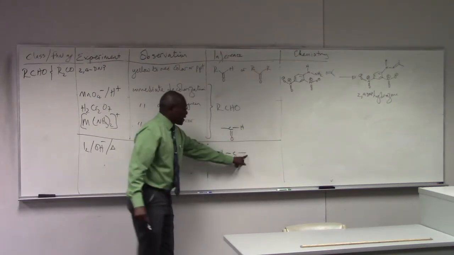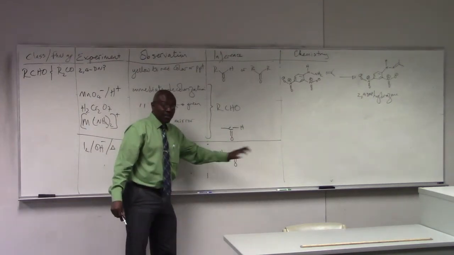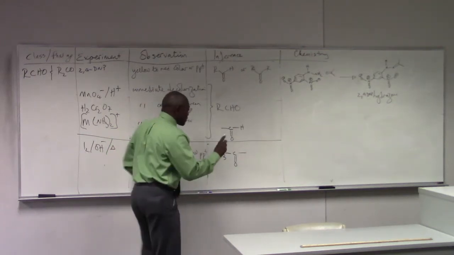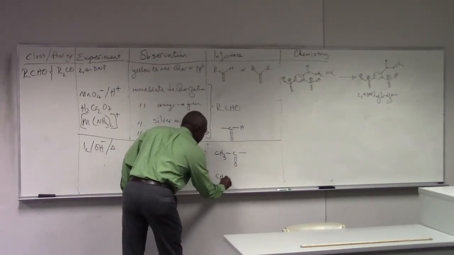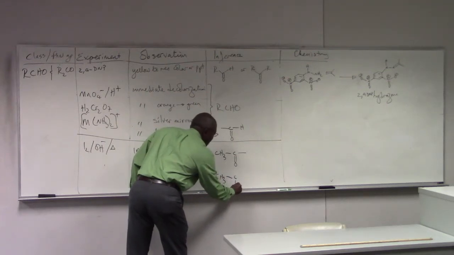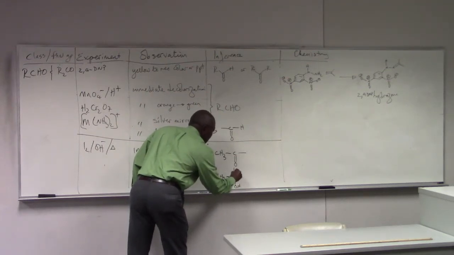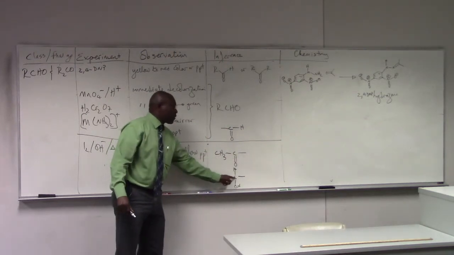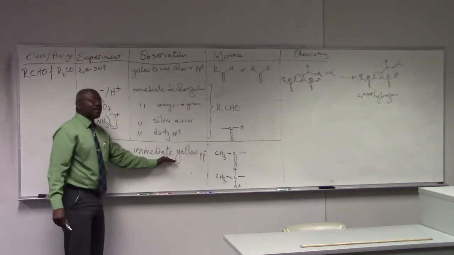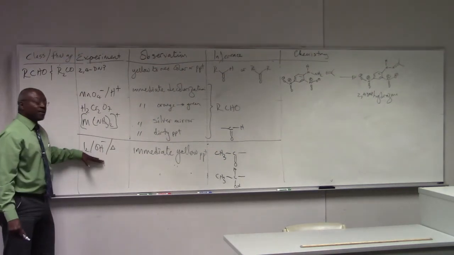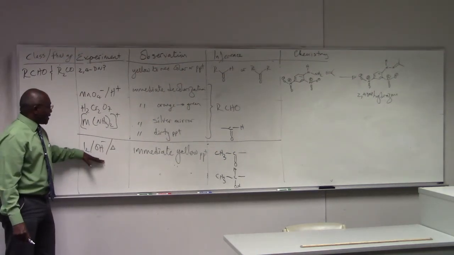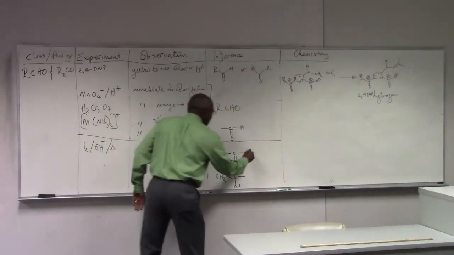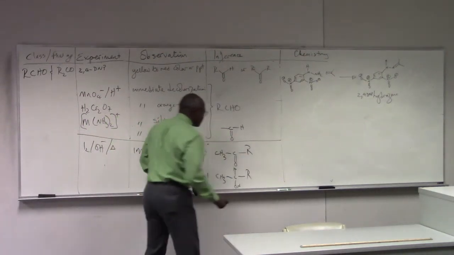So this will either be H or R. It can't be like a Cl or an OH. So it's a methyl carbonyl, but it also turns out that this is true for a methyl carbinol. So a methyl carbonyl or a methyl carbinol would give an immediate yellow precipitate when treated with iodine in aqueous hydroxide and warming. I'm going to go ahead and put an R here for a minute.